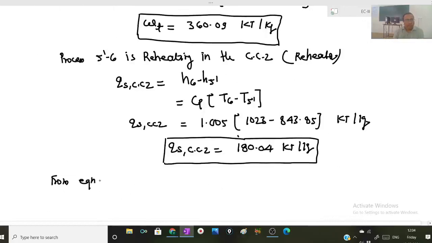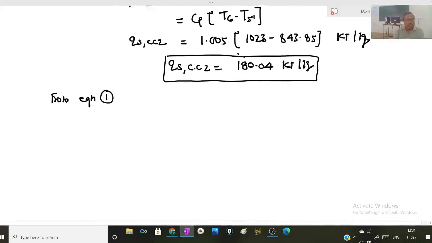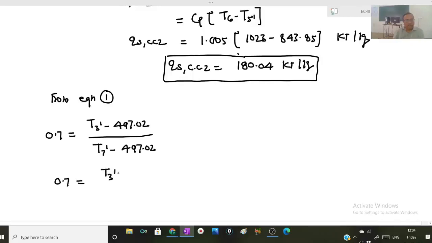From equation 1, I am reproducing this equation for you. 0.7 is equal to (T3 dash minus 497.02) over (T7 dash minus 497.02), and T7 dash I could calculate is equal to T5 dash, 843.85.